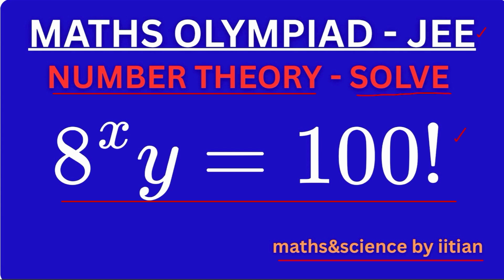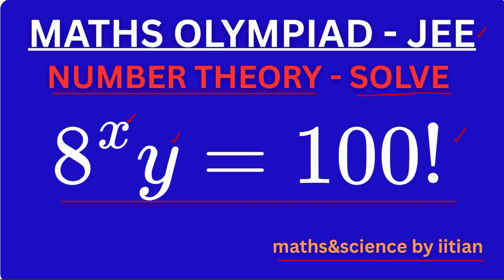We have to solve 8 to the power of x into y is equal to factorial 100. We have to find x and y, such that 8 to the power of x into y is equal to factorial 100. Now, what is the value of maximum x and what is the value of minimum y?